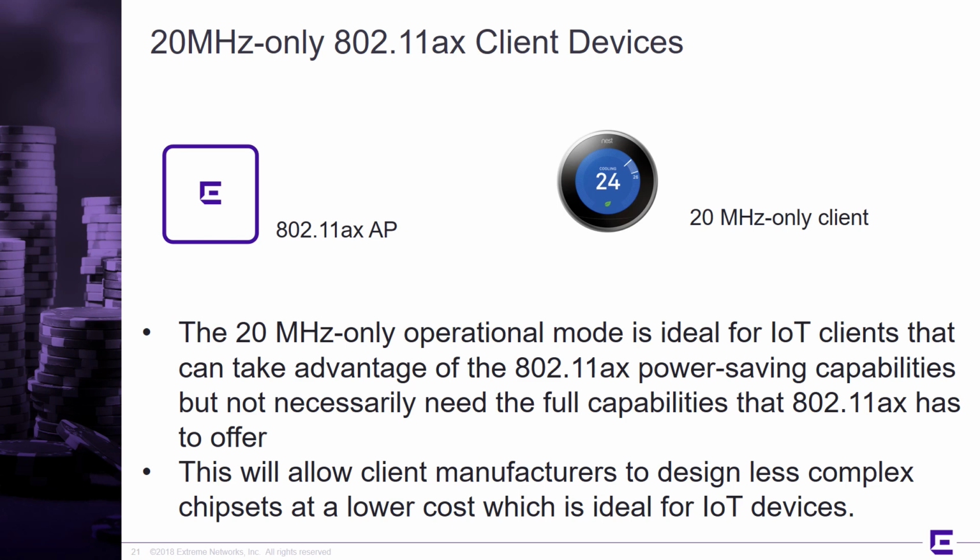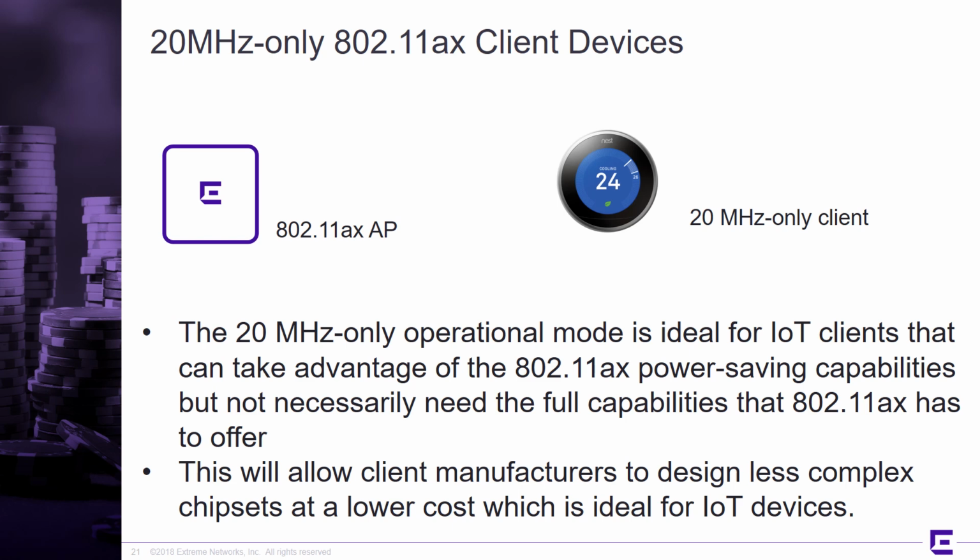11AX does allow for 20 megahertz channel width only clients. So this is ideal for IoT clients, as you can imagine, where they shouldn't be trying to use 40s and 80s. And when I say 20, I don't mean it's assigned to 242 tone only. I mean that no wider than 20 megahertz width is allowed for the clients, all that it supports.